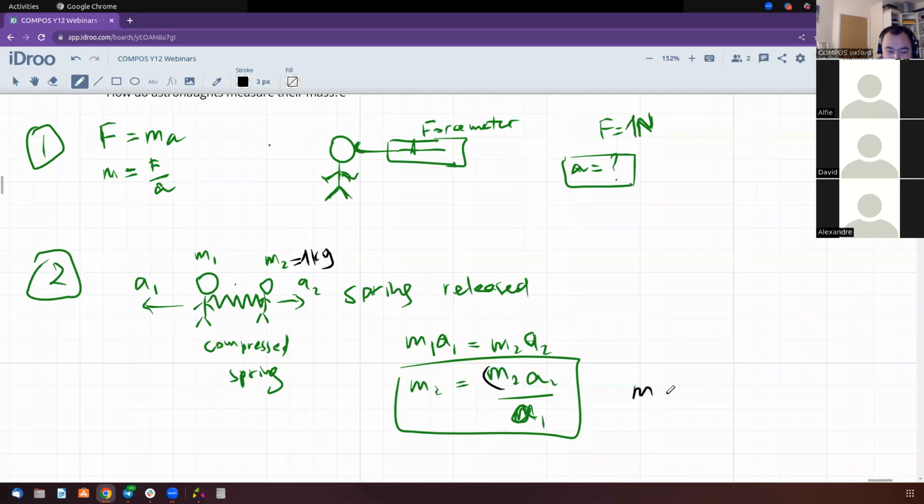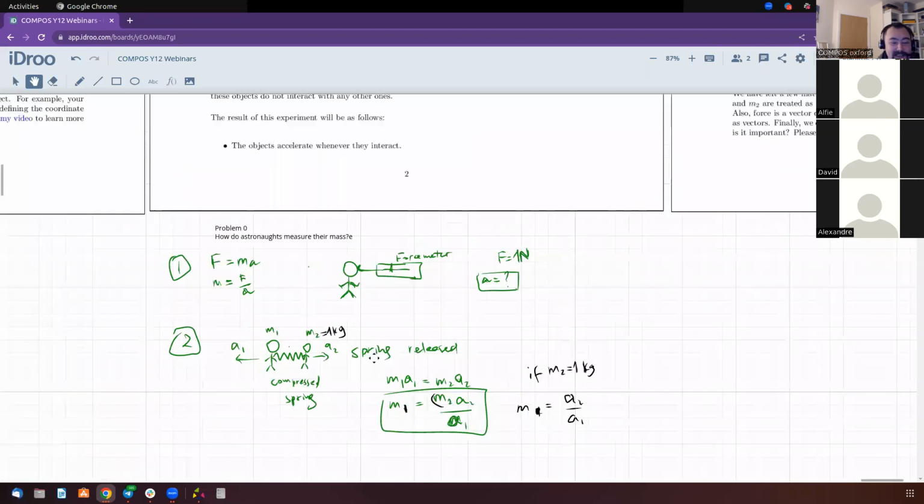So the mass of the first astronaut is simply A2 divided by A1. So if the second astronaut is 1 kilogram, well, actually, it's a mass of 1 kilogram, of course, not an astronaut, just in case you're wondering. So yeah, tie a known mass and measure the acceleration.